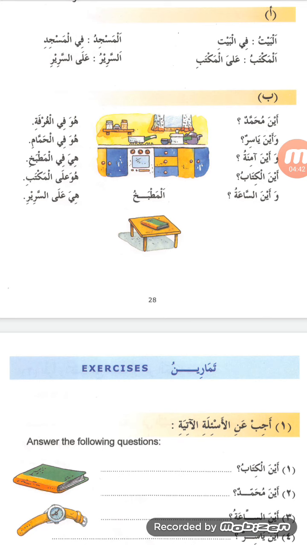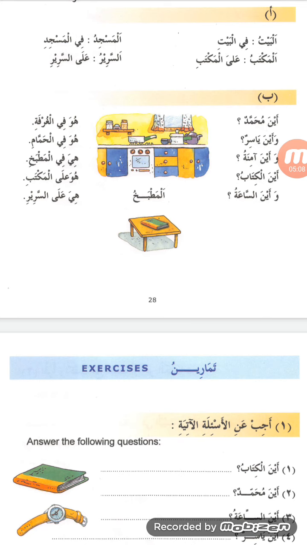And it causes the final letter of the singular noun that comes after it to have a kasra. This is generally what takes place. So due to this fi, the final letter of al-bayt, ta, has a kasra.